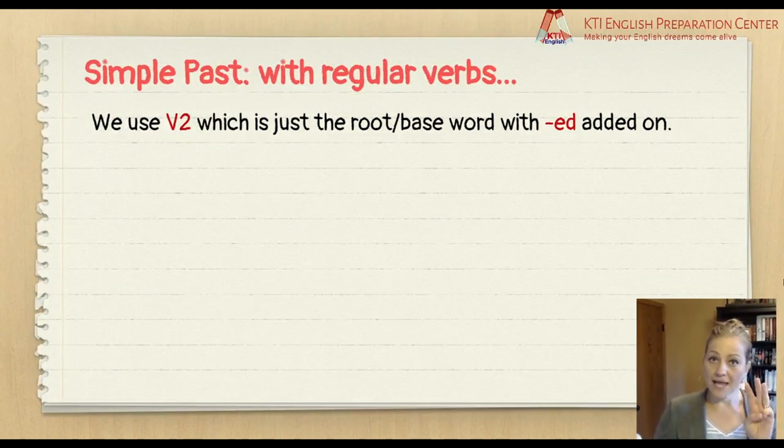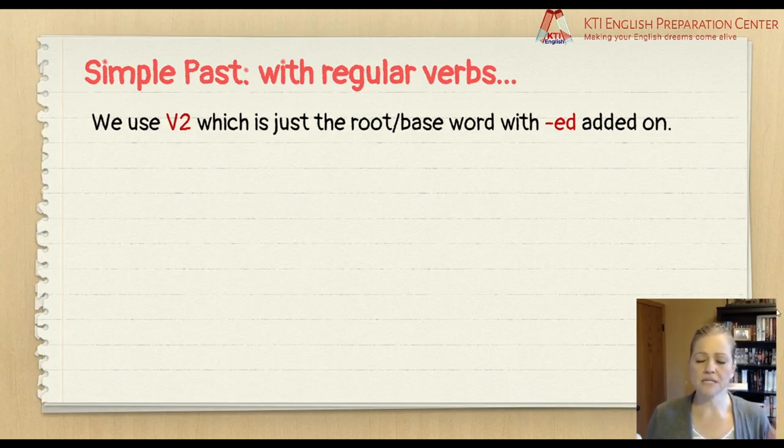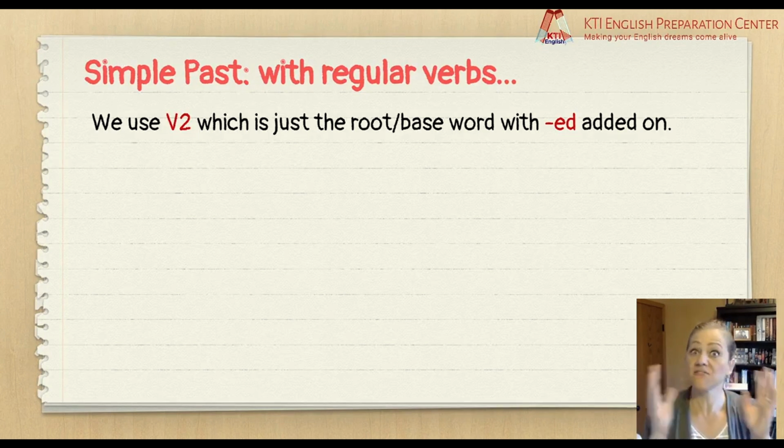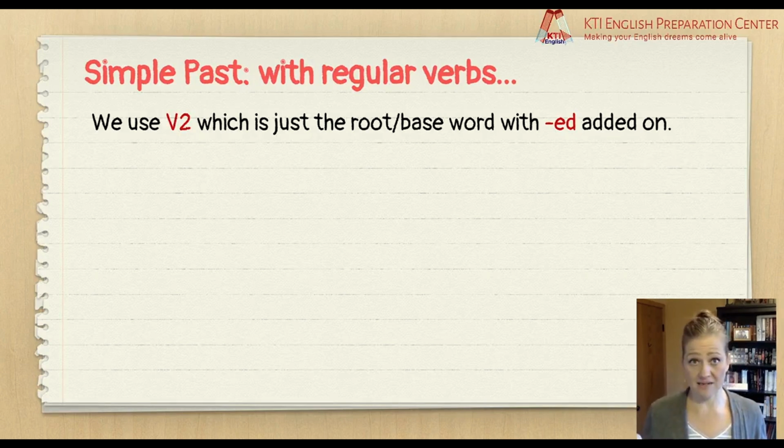We have 3 ways to use simple past. And with regular verbs, it's so nice and simple. Sort of. For regular verbs, it's just that root word or base verb, whatever you want to call it, and we add ed onto the end.